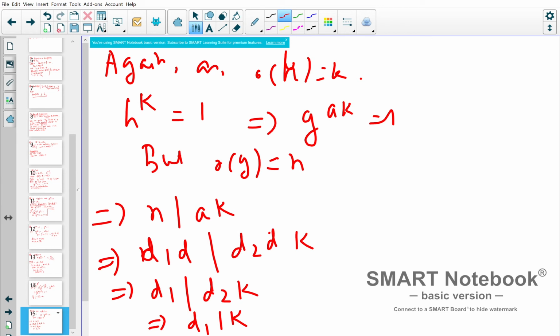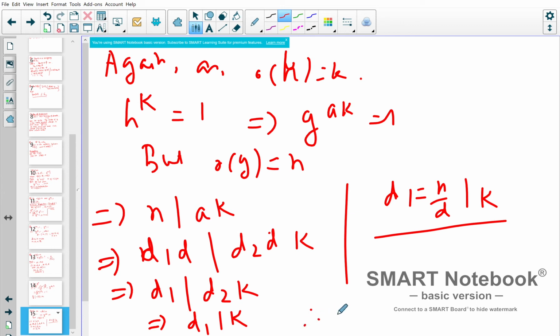Clear? But what is d1? d1 is nothing but n by d, and so that divides k. So what is the conclusion? n by d is nothing but k, which is the order of g power a, right? Clear? So these properties are simple. You can easily prove hundreds of such properties.